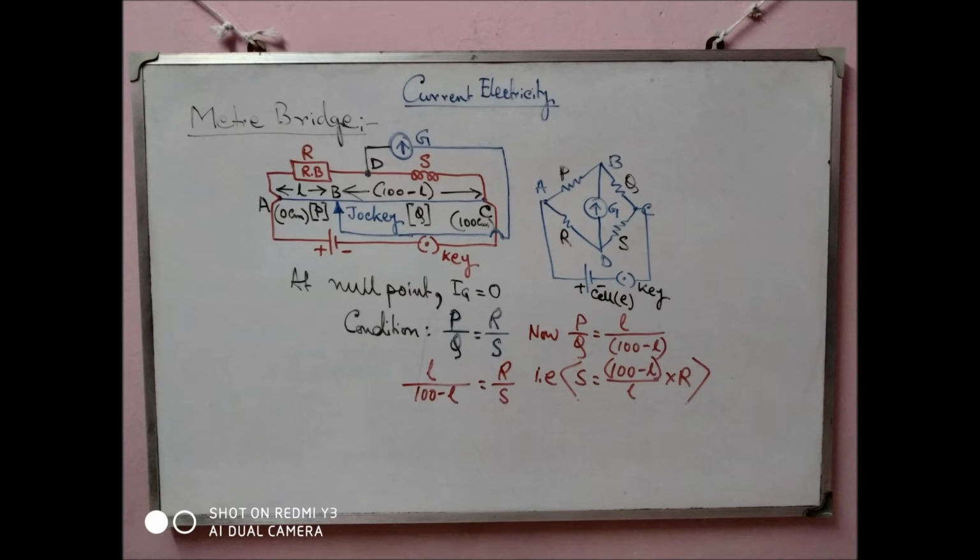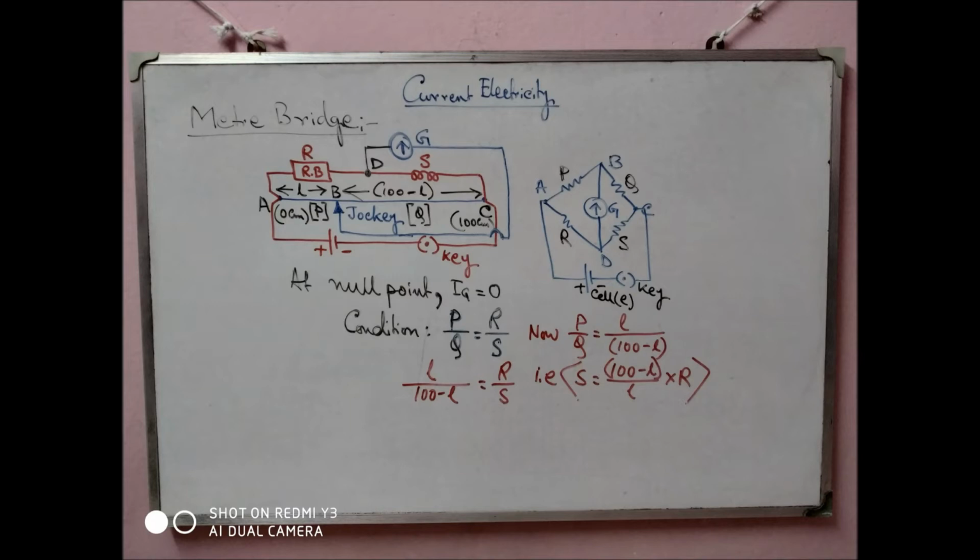Okay. Now 3 more things I want to tell. Number 1, there is a rule of taking multiple readings and the mean reading. Why? To avoid error.